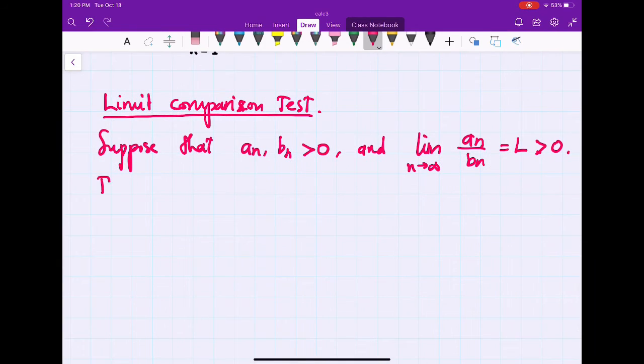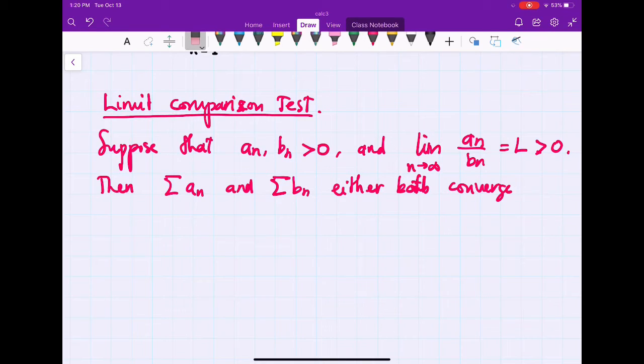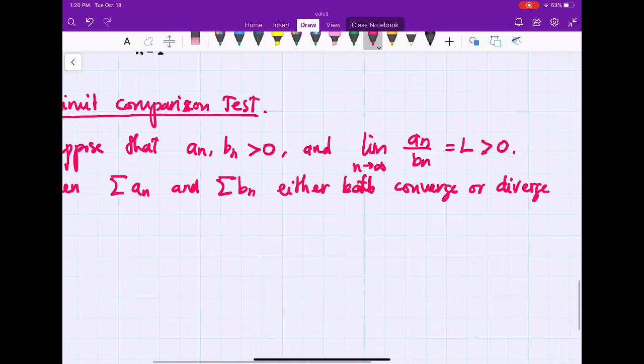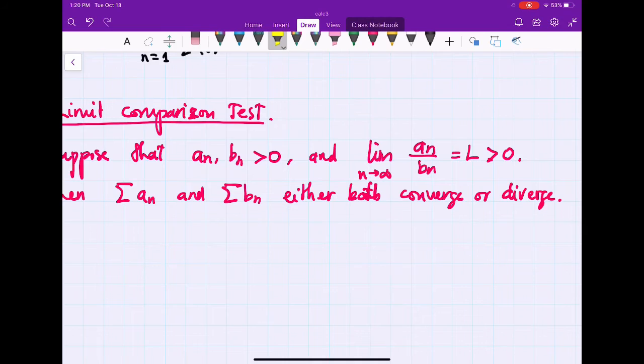Then the two series an and bn either both converge or both diverge. So what does it mean? How to understand that the limit of the quotient an over bn equals some L bigger than 0?